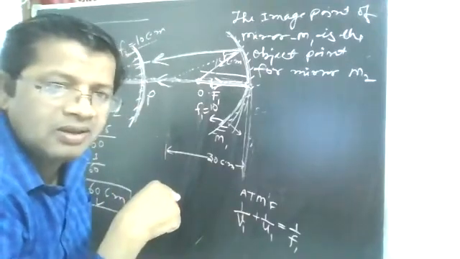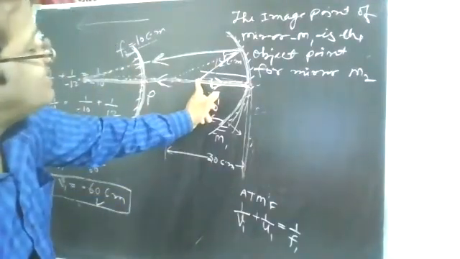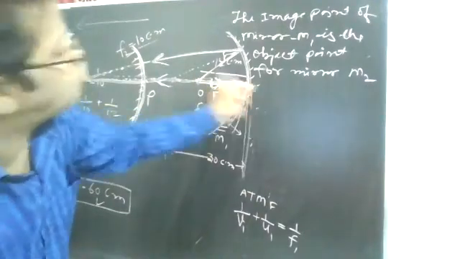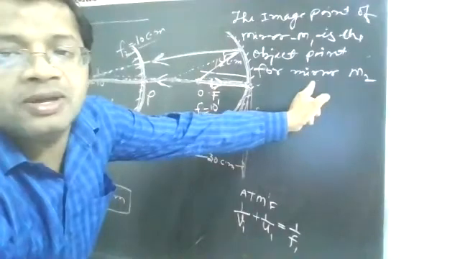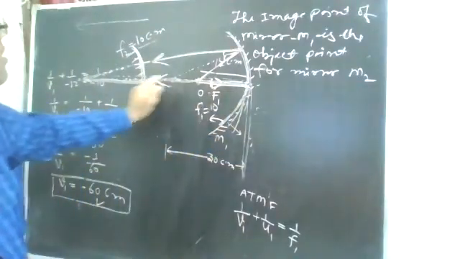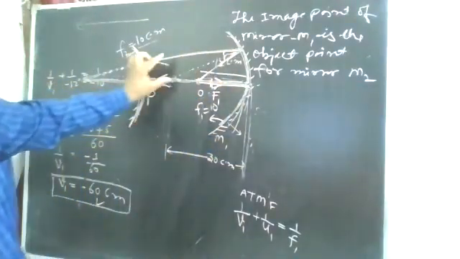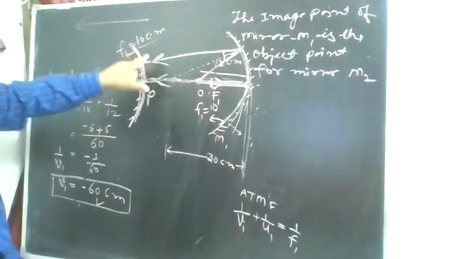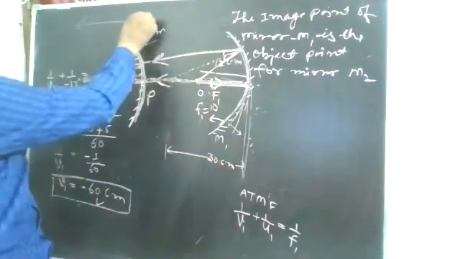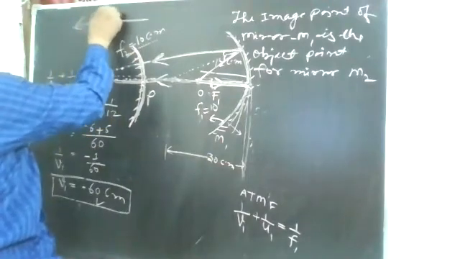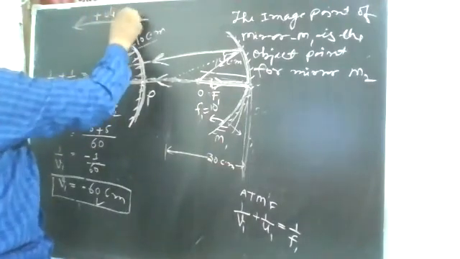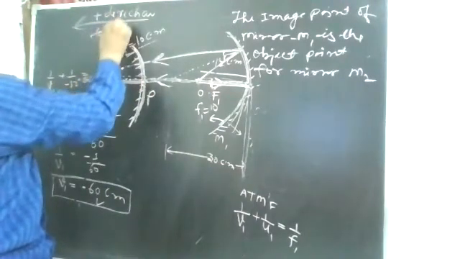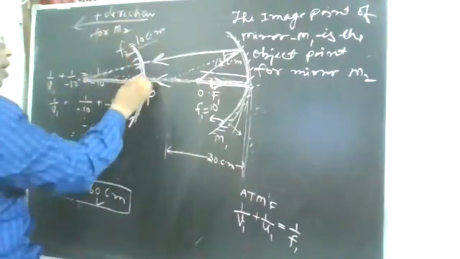For this mirror, since the object is here and the incident ray is moving along this, this direction we have taken as positive. This ray is reflected. For the other mirror, the incident ray is going in this direction, so we take that direction as positive. Positive direction for which mirror? For M2, the second mirror.